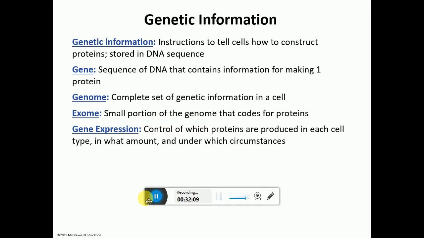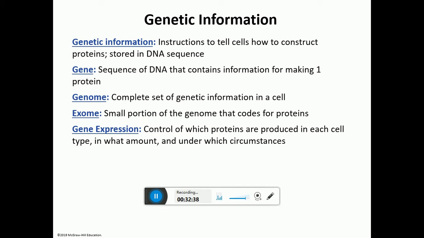That gene, however, has parts that code for a protein and other parts that do not code for a protein. The part that codes for a protein is known as the exome. The other parts that do not code for a protein are there to control how the protein is made, how much of that protein is made.